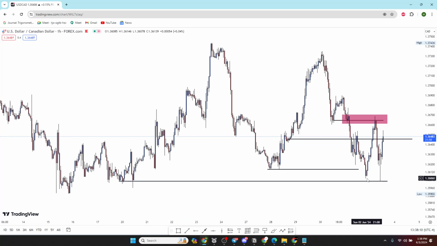So this just becomes liquidity because it's so easy to clear a profit under this low, which I did, and I hope you guys did as well.